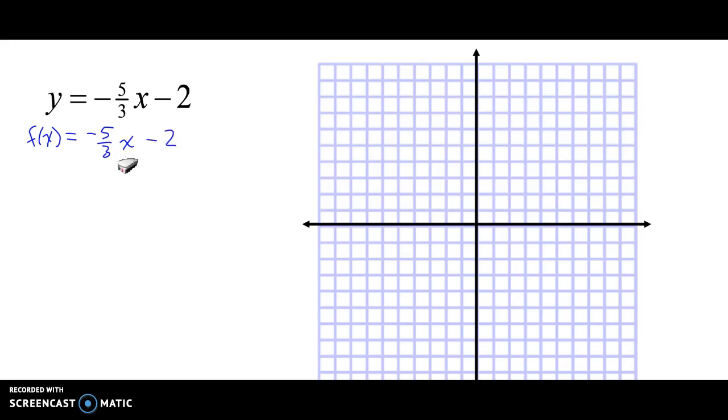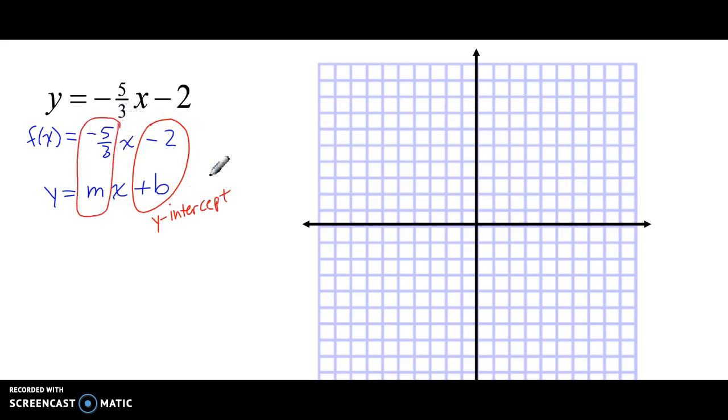So because of that, there's a pretty decent chance that your equation might look like this. This should be reminiscent of the mx plus b way of writing a line. And if you're writing things in the mx plus b style, you've got the y-intercept and the slope, and that leads to a different graphing technique.